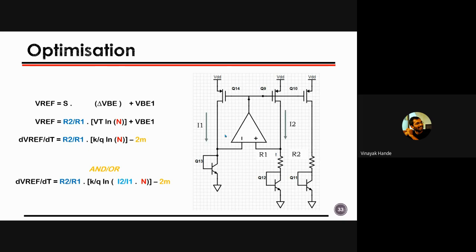But considering all those points, it is advisable to have I1 equal to I2, right? But if there are concerns about scaling as well as concerns about the area increase of a BJT, then there is no other way for the designer. He or she has to scale the value of I2 or I1, right? So these are some parameters. There are very limited parameters for optimizing this circuit, right?